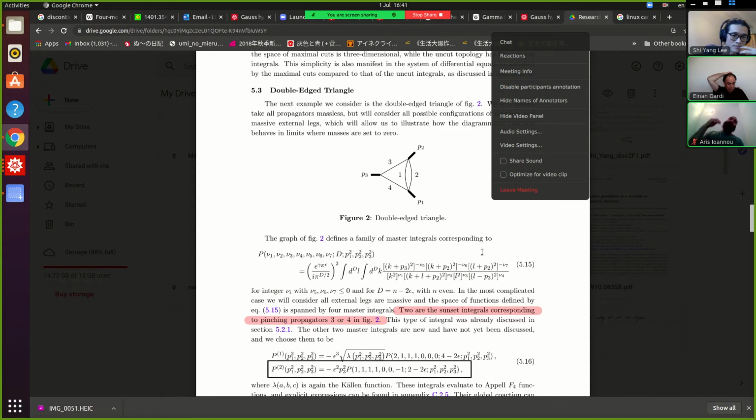So we decide to look at the lower diagram, that is Appell F4. And what do we want to do with it?